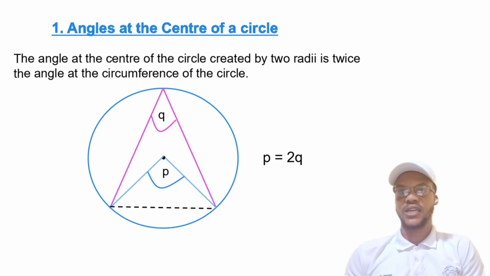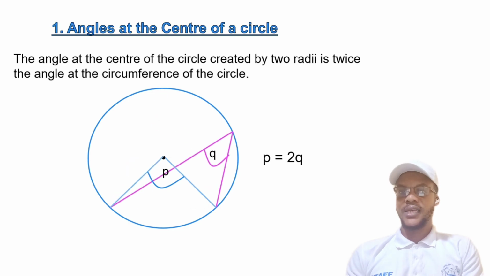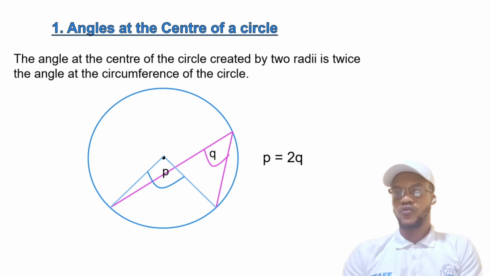That is what we are talking about. We can also draw it in this way. Once you realize that both of them are sharing the same chord, then the one at the center should be equal to two times the one at the circumference.